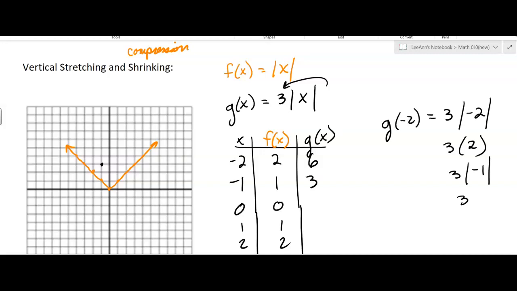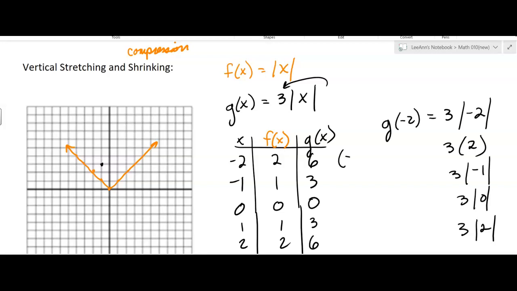If I put in 0, the absolute value of 0 is 0, I'm still going to get 0. And then if I put in 1, I'm going to get 3 times 1, and then 3 times the absolute value of 2, which is going to be 6. Okay, so that's what the table of values would look like.